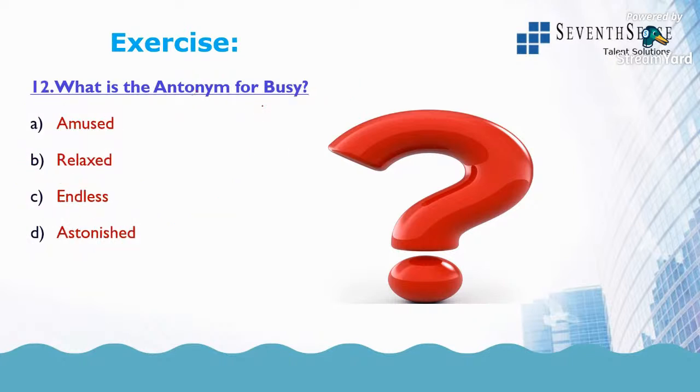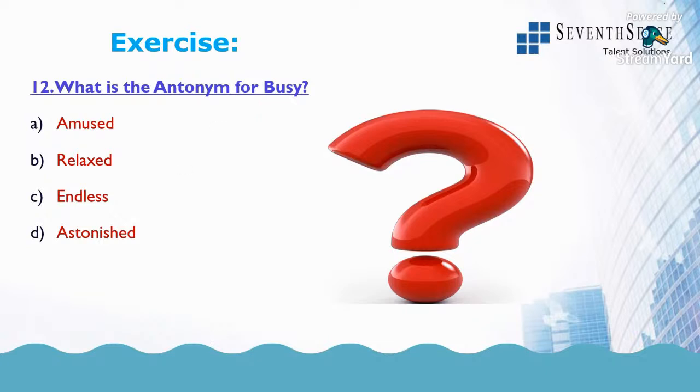Coming to the antonym for busy. Amused is again misused. Next option is relaxed. Third option, endless, is not related to busy. Astonished is being astonished at his achievement, feeling something very great.